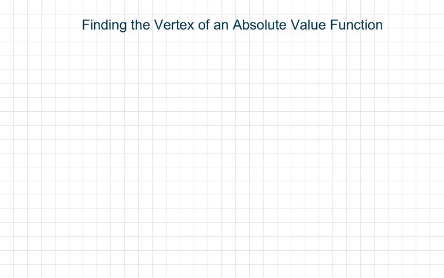The purpose of this video is to describe how to find the vertex of an absolute value function. The general equation for an absolute value function, say f of x, is equal to the absolute value of mx plus b, plus c.